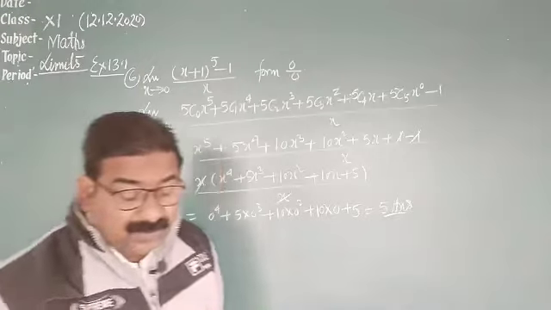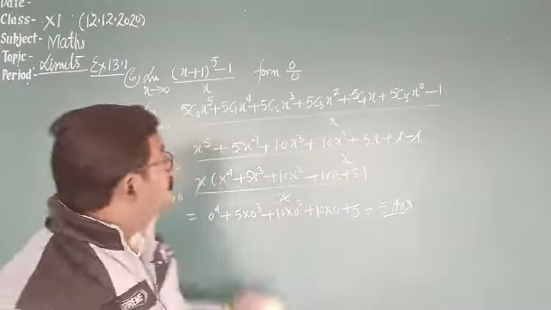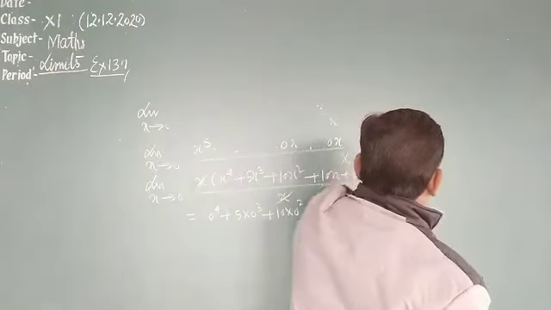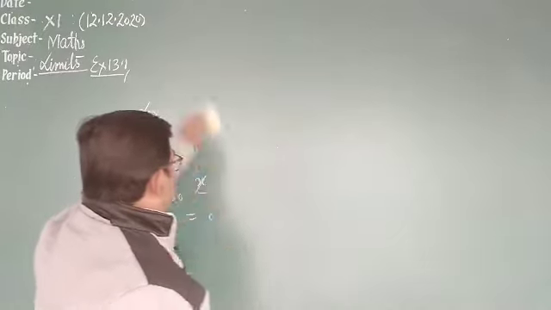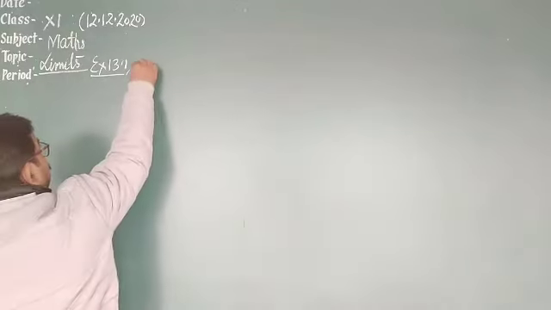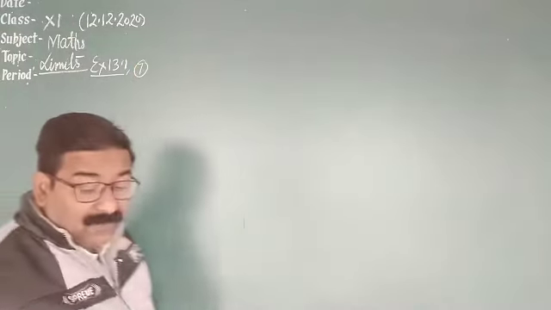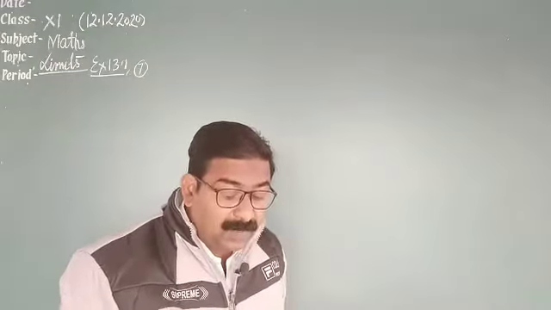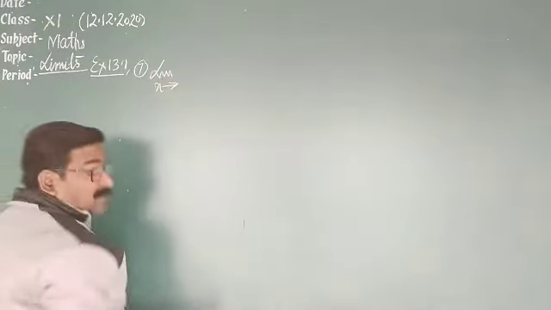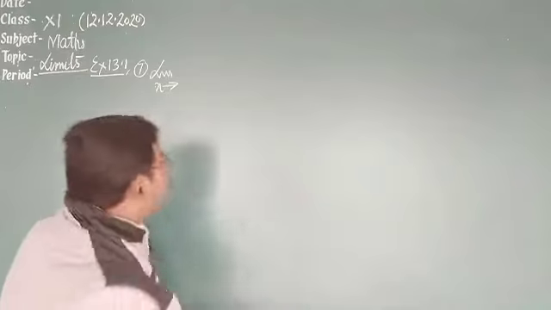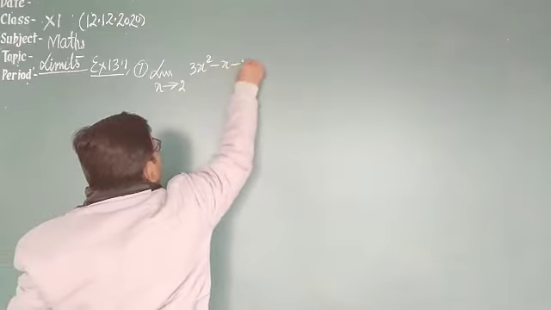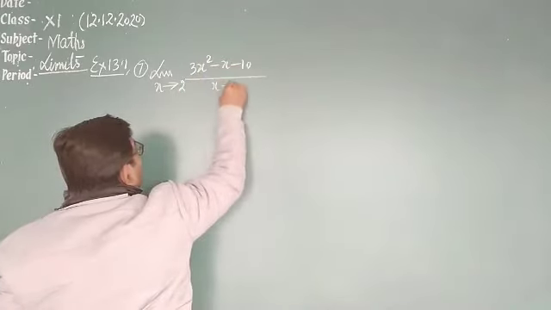See, question number 7 is, seventh question, we have limit x tends to 2, (3x square minus x minus 10) upon (x minus 2).